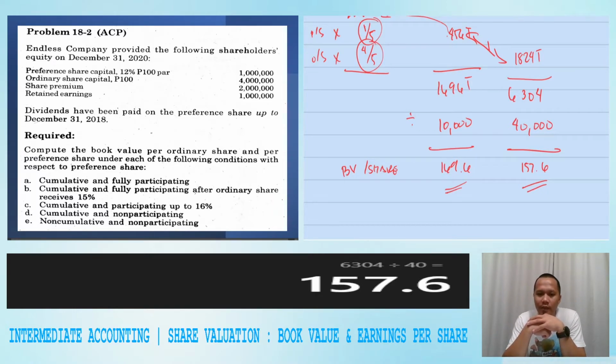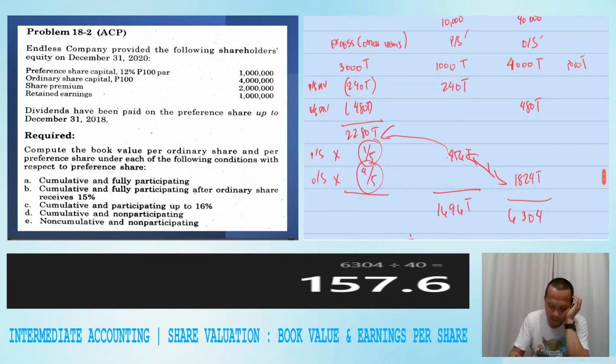So, again, we use the preference rate if it is silent. But if, like this, it is given, then we have to use the privilege rate of the ordinary share. So, simple. Same procedure up to the preference dividend.